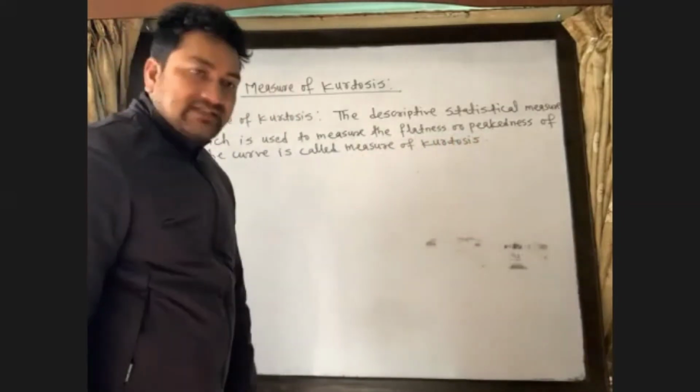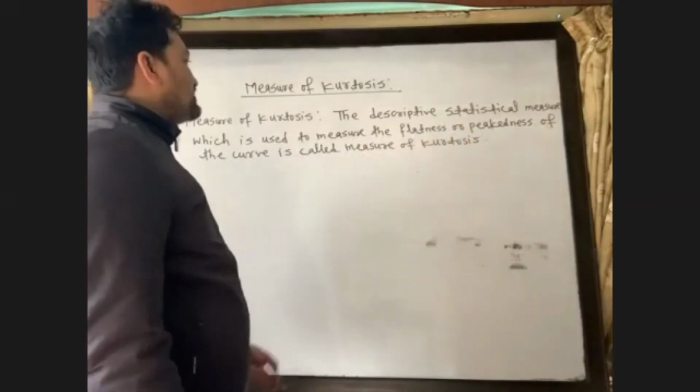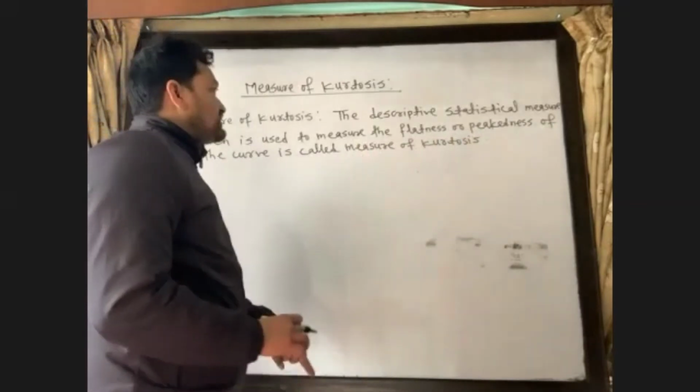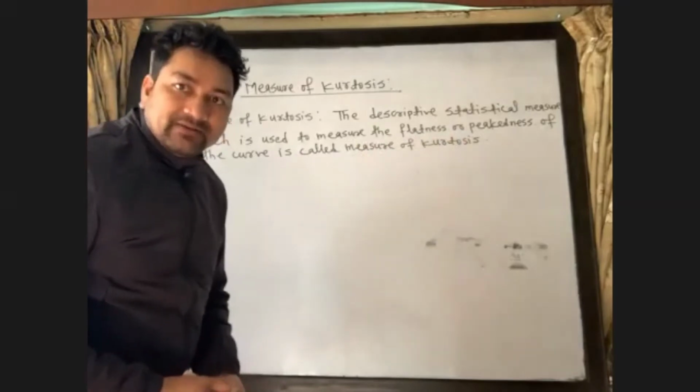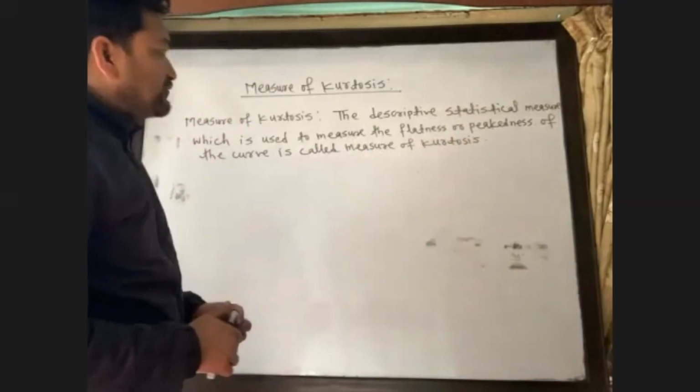The descriptive statistical measure which is used to measure the flatness or peakedness of the curve is called measure of kurtosis. हामीले पहिले पनि के कुरा डिस्कस गरिसकेका छौं.